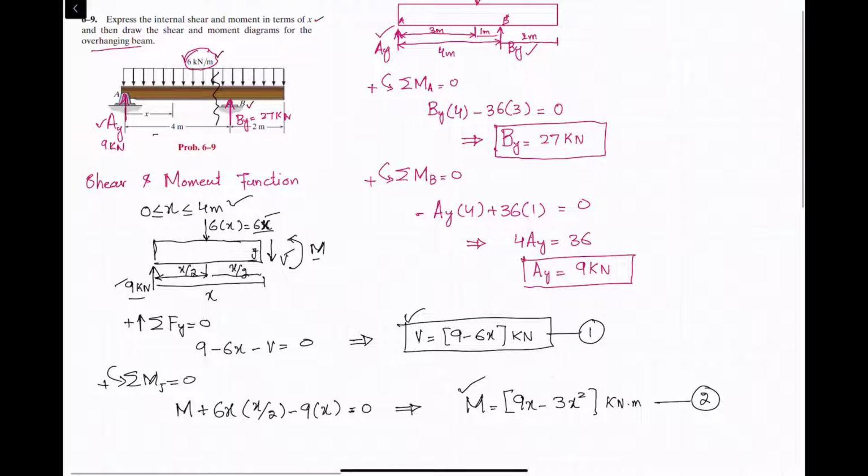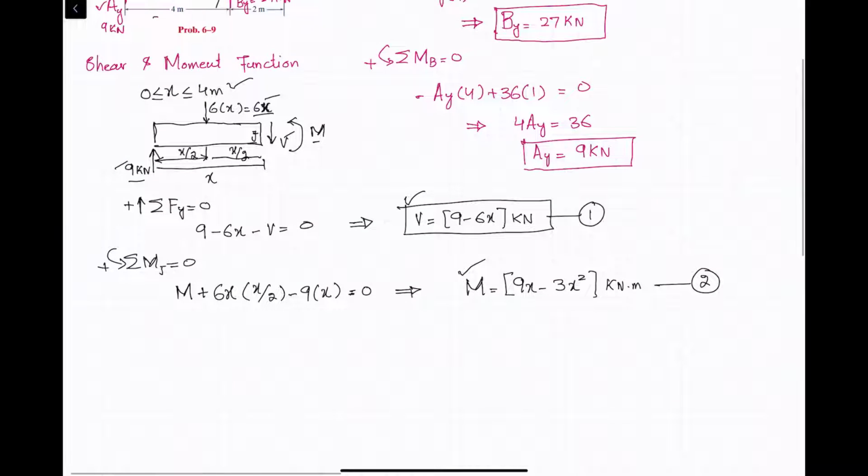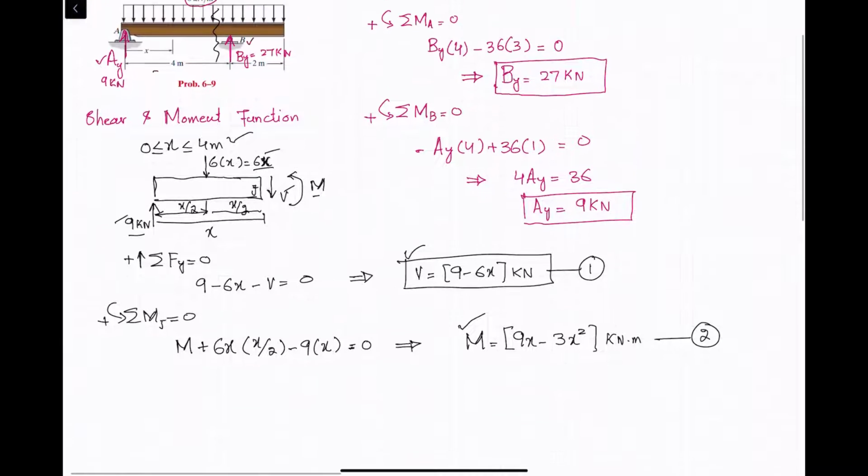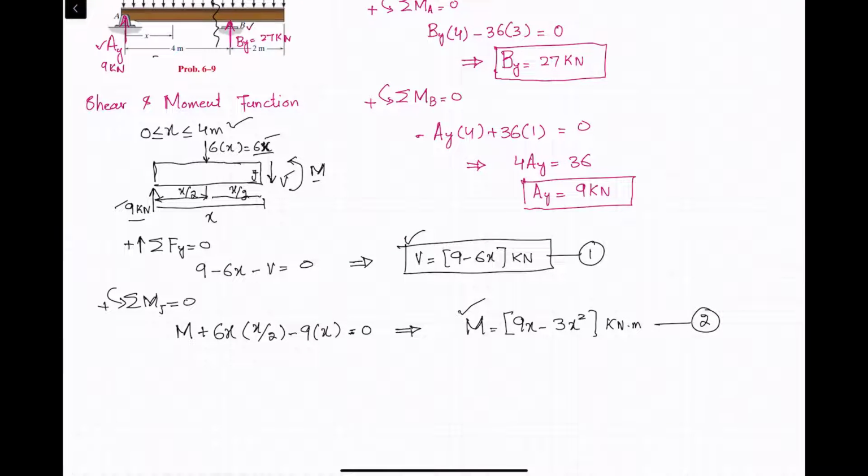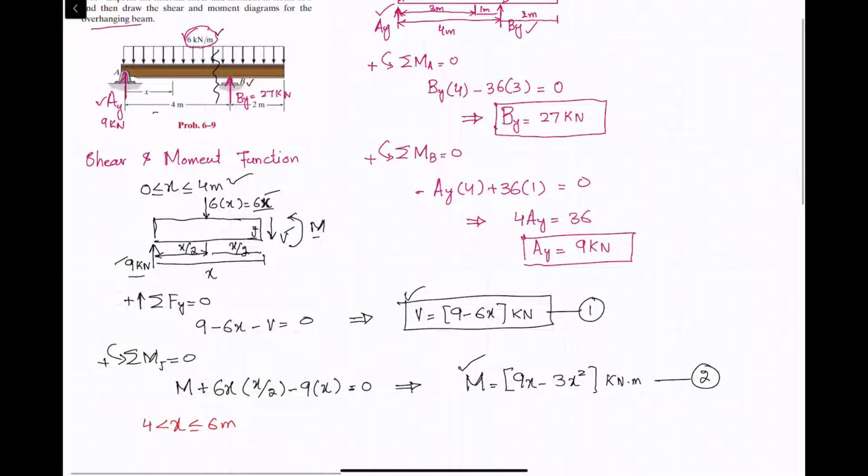Now we will move toward x is greater than 4 meter and less than or equal to 6 meter. It means that you have to cut the beam over here.